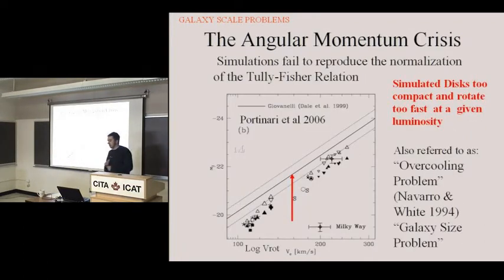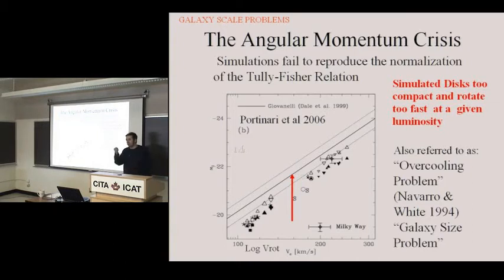Another one is the angular momentum crisis, also called the overcooling problem. We could call it the galaxy size problem. This is simply that simulated galaxies tend to be too compact. When this was first being done in the 90s, people found that they were systematically too small by about a factor of 10.